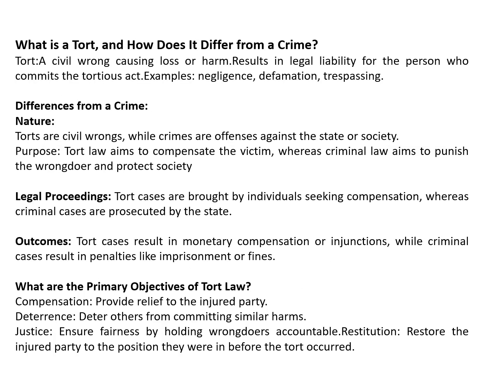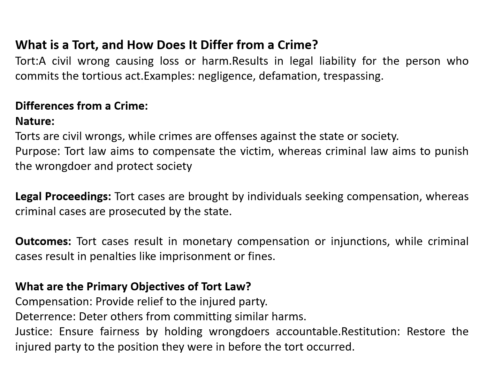So the answer for the previous question, what is a tort and how does it differ from a crime? A civil wrong that causes loss or harm, resulting in legal liability to the person who commits the tortious act. For example, negligence, defamation, trespass. How it differs from crime, we have already studied: nature, legal proceedings, outcome.